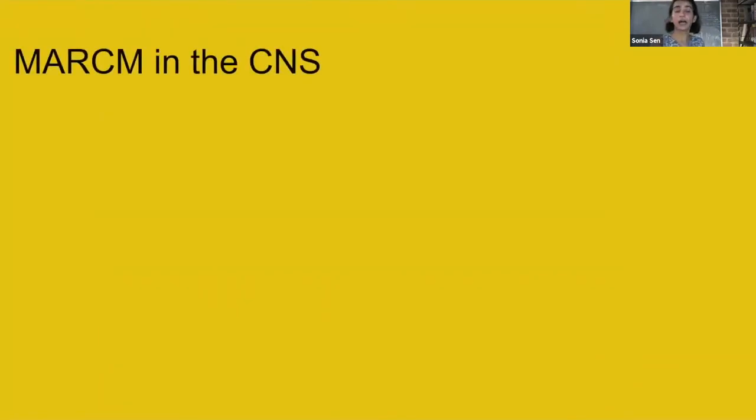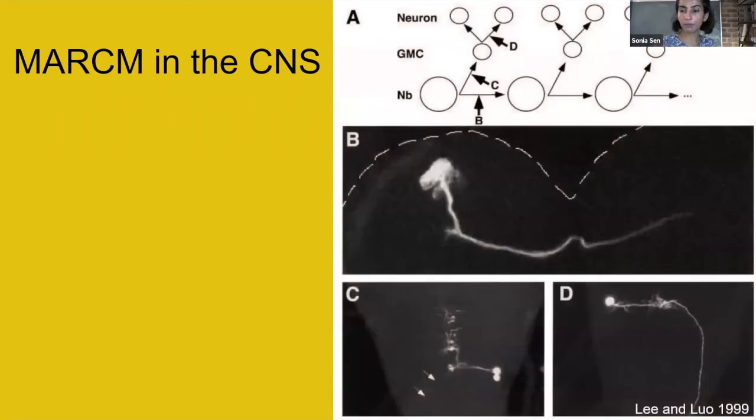That was an example of the wing disc. But what MARCM has done is really transform how we analyze nervous systems. In the same paper by Lee and Luo, their next figure had to do with the nervous system.